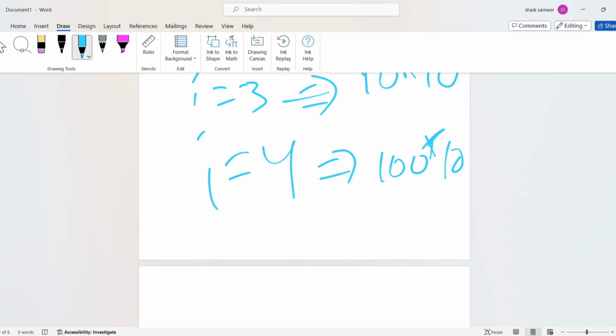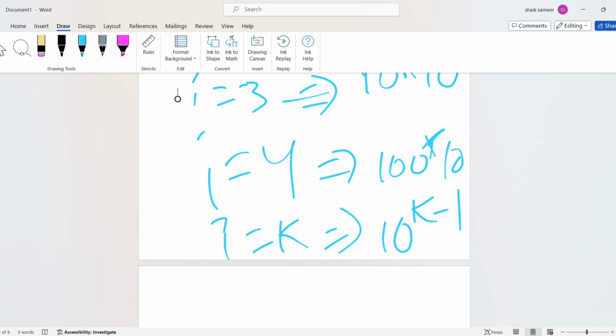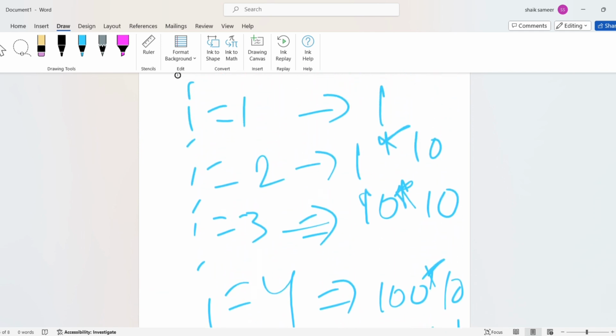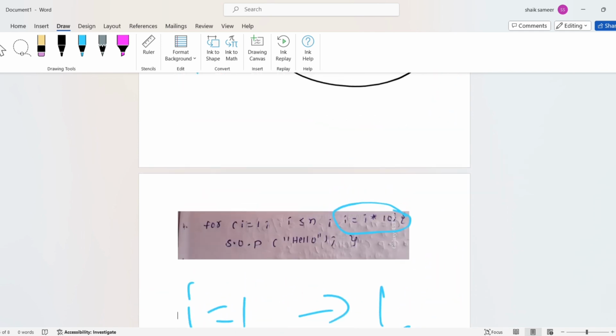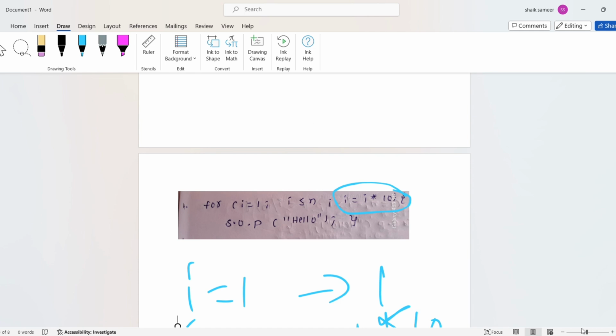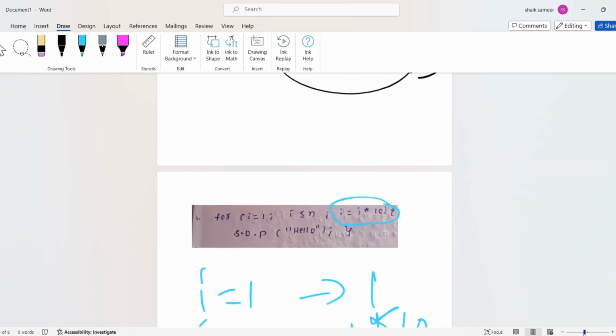Similarly, for i equal to k, the i value will become 10 power k minus 1. Why did we get 10 power k minus 1? Observe the order very carefully. You may not be able to see it all at once; this is a very small screen.